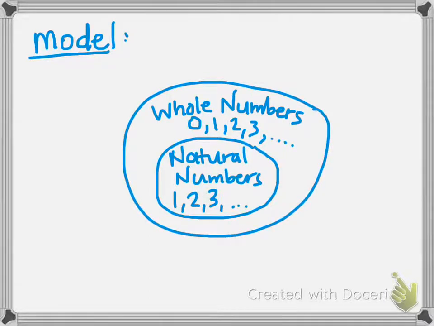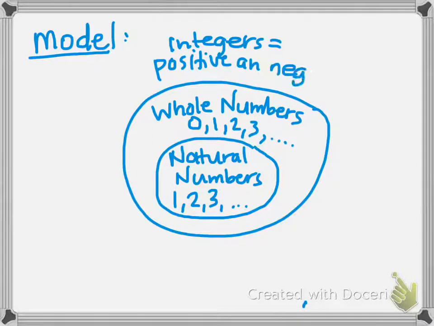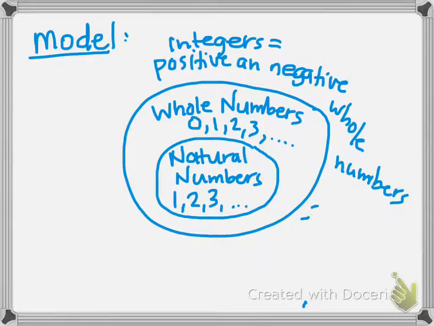Okay, then after whole numbers we have integers. The integers have positive and negative whole numbers. So it has negative 3, negative 2, negative 1, 0, 1, 2, 3, forever to the right and forever to the left.